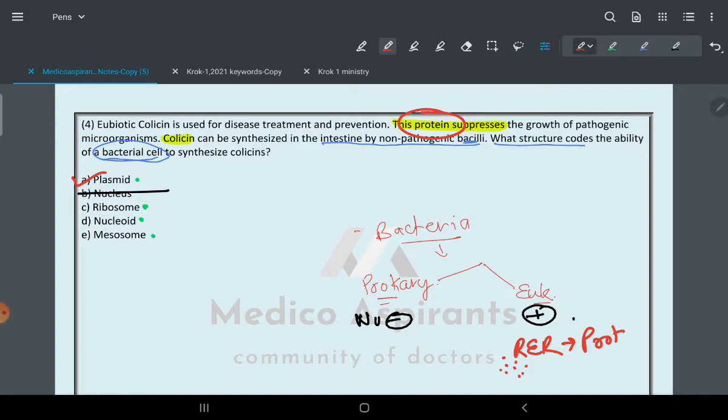Now the ribosome itself doesn't have the possibility to synthesize or produce. Actually they act as apparatus, but they are not the producer. The nucleoid simply generates the nuclear material, and the mesosome is similar to the mitochondria in eukaryotes. So the answer is going to be the plasmid.